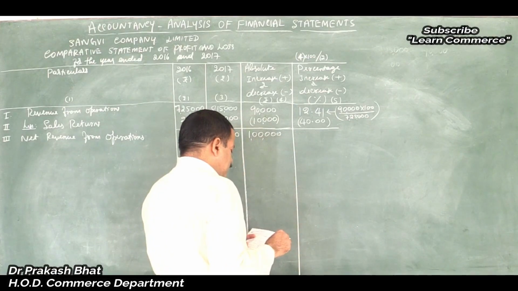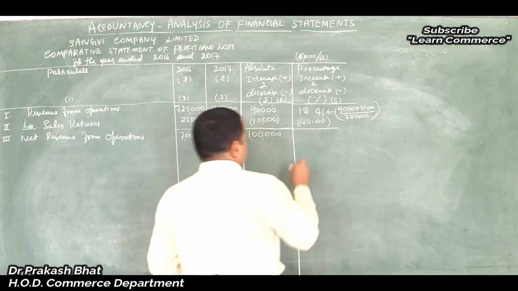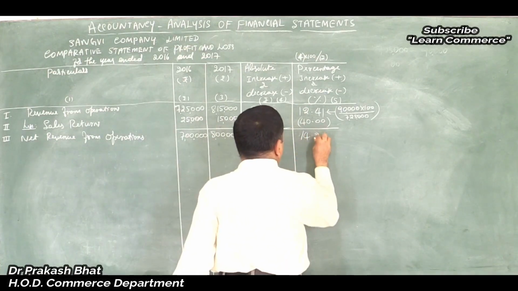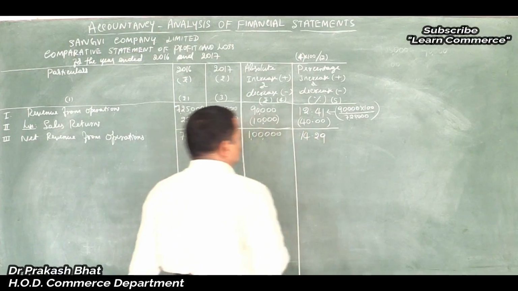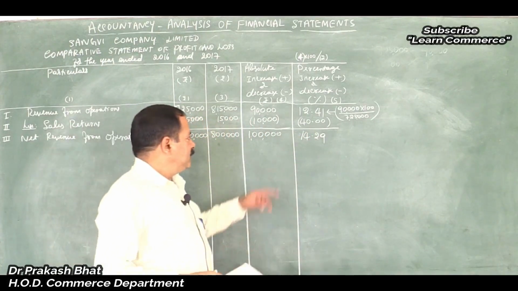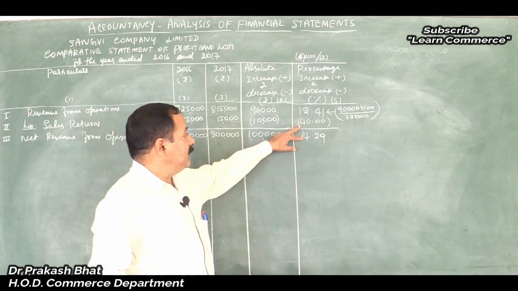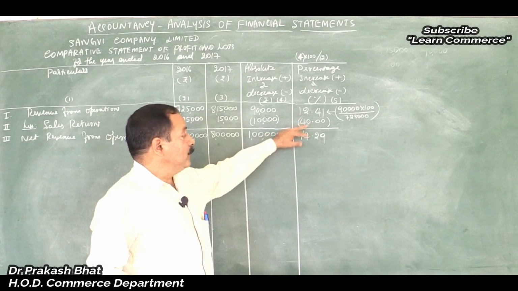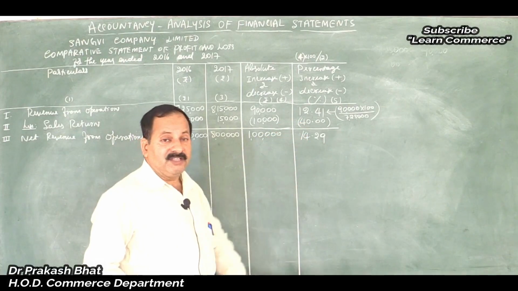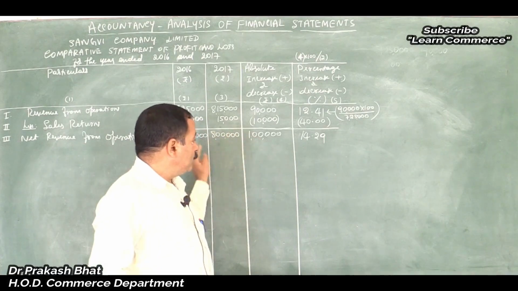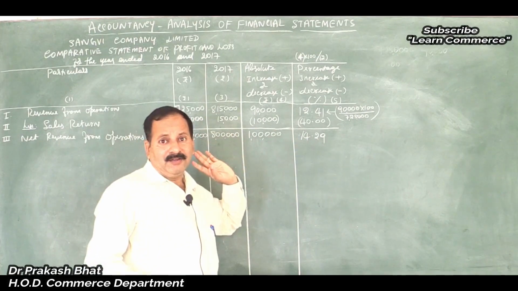Here, what is the percentage? 14.29. Don't add or deduct these. 12.41 minus 40, we will get something else. No, simply apply the formula here also and calculate.